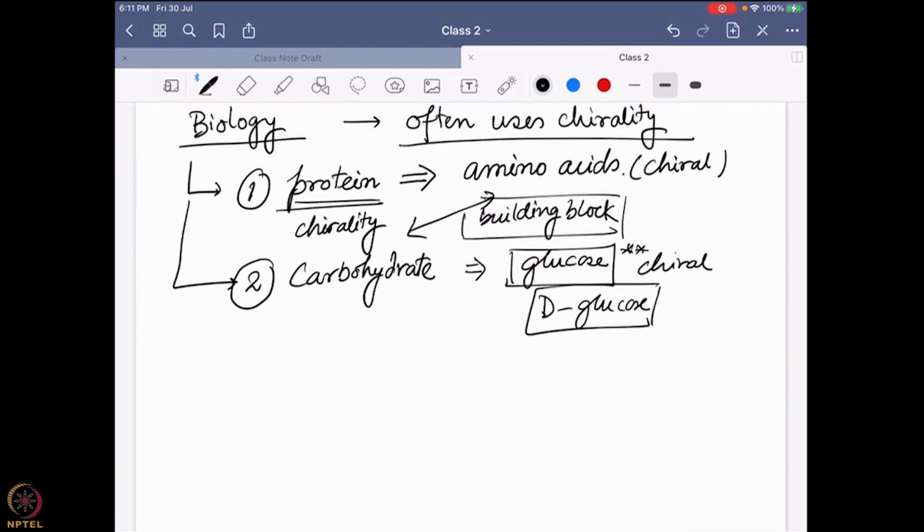Sorry about it. So the third molecule that we are going to talk about is the nucleic bases.